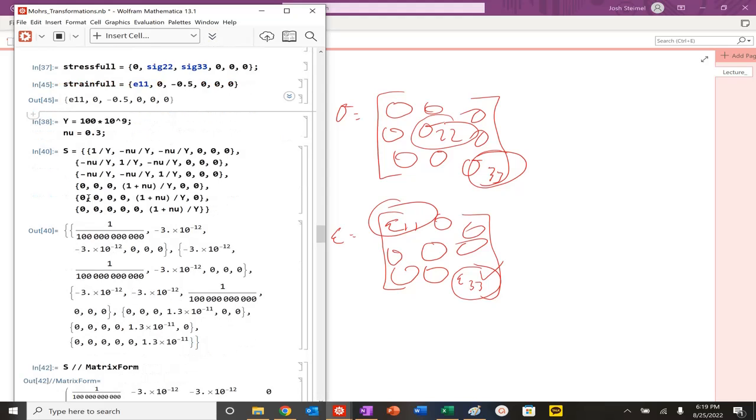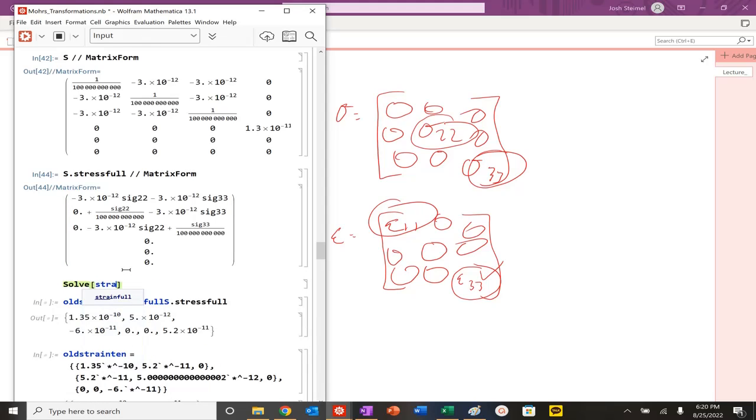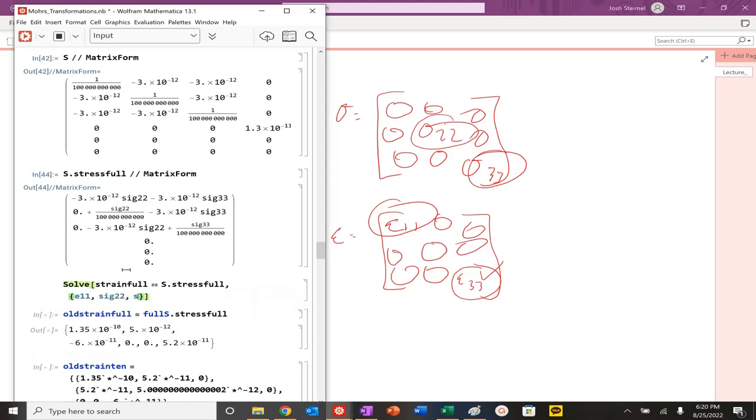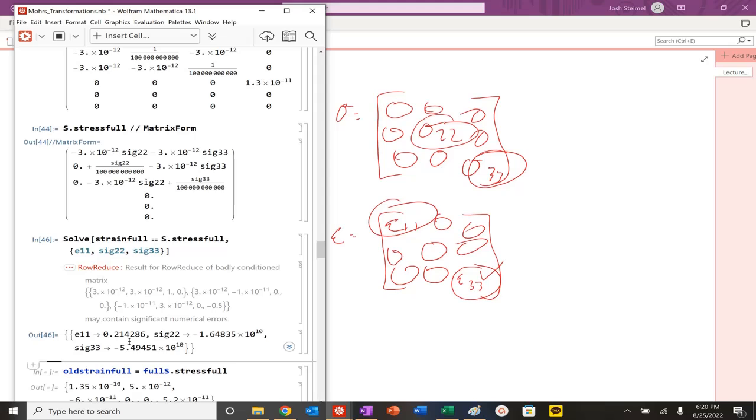So I can set these 3 equations equal, saying strain full equals S dot stress full, and solve for E11, sigma 22, and sigma 33, and voila, I got the values that we previously obtained for our other problem.